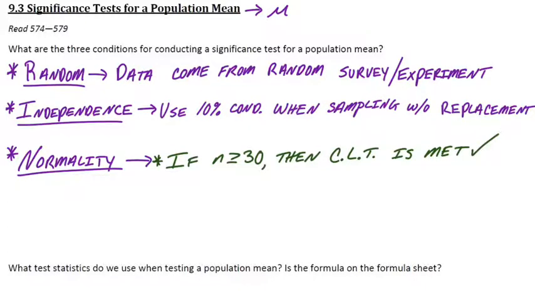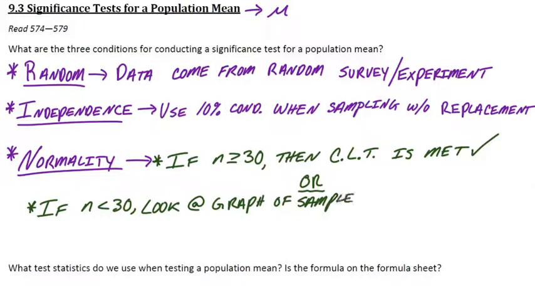But if you have a small sample size, we have to find a way around that, right? So the other way would be if we had a sample size of less than 30, which is exactly what the example in these notes uses. If you have a sample size that is less than 30, hopefully you have that data set, right? There's not going to be very many data points if it's under 30.